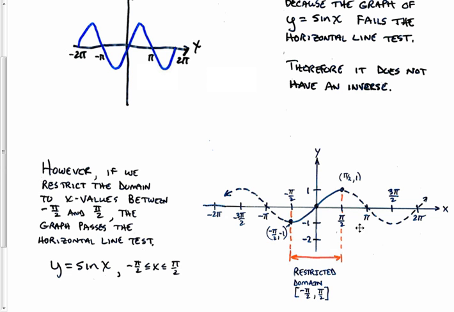Notice where these red dashed lines are: if I look at only the part of the graph before it turns back down or before it turns back up, then that part of the graph would in fact pass the horizontal line test. And so we talk about restricting the domain of the sine function to only use values of x between negative pi over 2 and positive pi over 2. And if we look at that restricted domain function, then that function will in fact have an inverse.